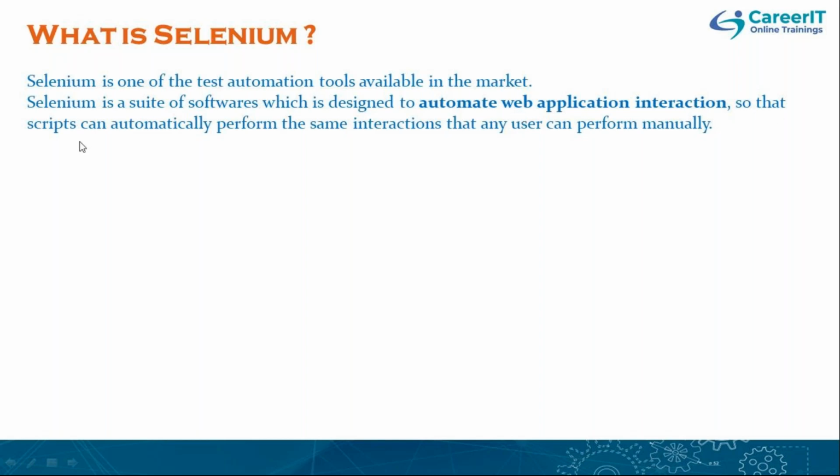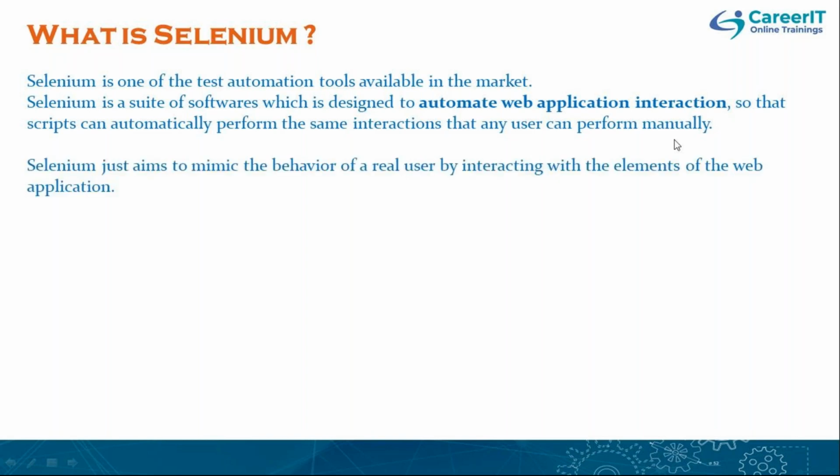So that scripts can automatically perform the same interactions that any user can perform manually. That is how the real user, or the manual user, performs the actions. The same way Selenium also can perform. It just mimics the behavior of a real user, like a button click, entering text into text boxes, selecting options from the drop down.